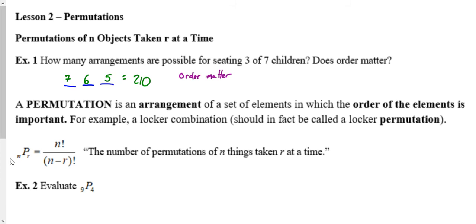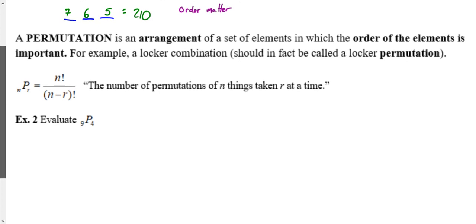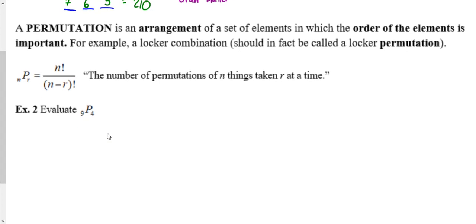So this is your total versus how many you need. So in the previous question, if our total was 7, it'd be 7 perm 3, and then you'd end up with 210 as well. We're going to take example 2 here and evaluate 9 perm 4.